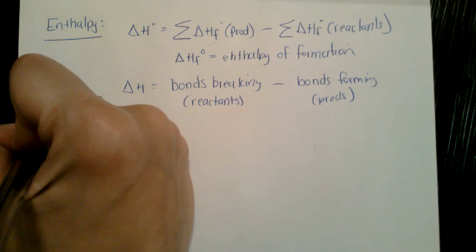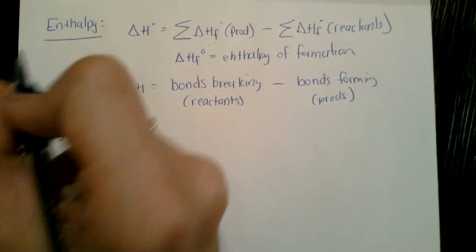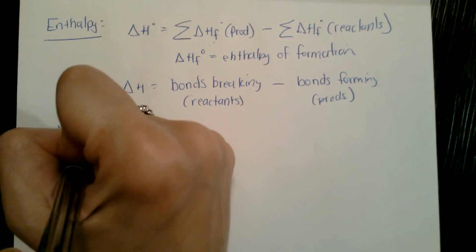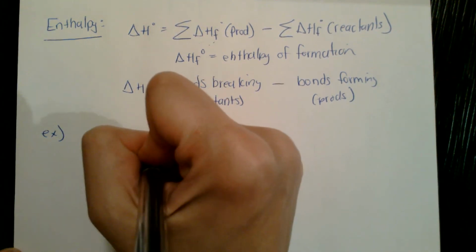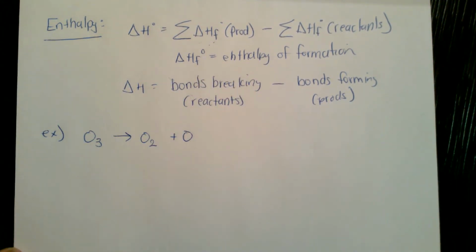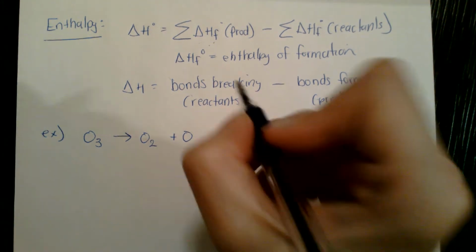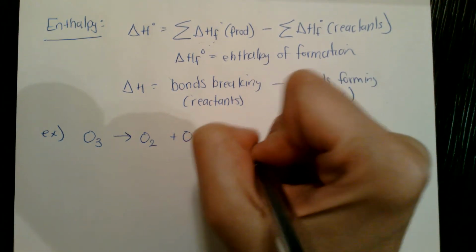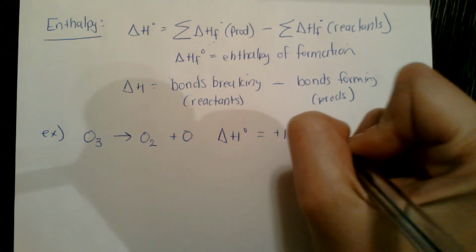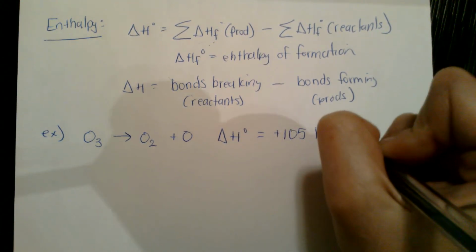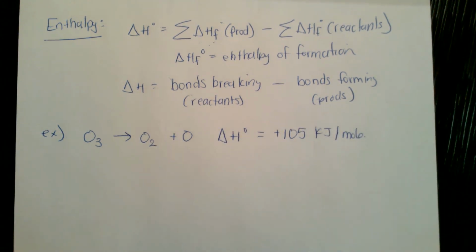Let's look at an example. If we look at the reaction of ozone decomposing to an oxygen molecule plus atomic oxygen, the enthalpy of that process is positive 105 kilojoules per mole.